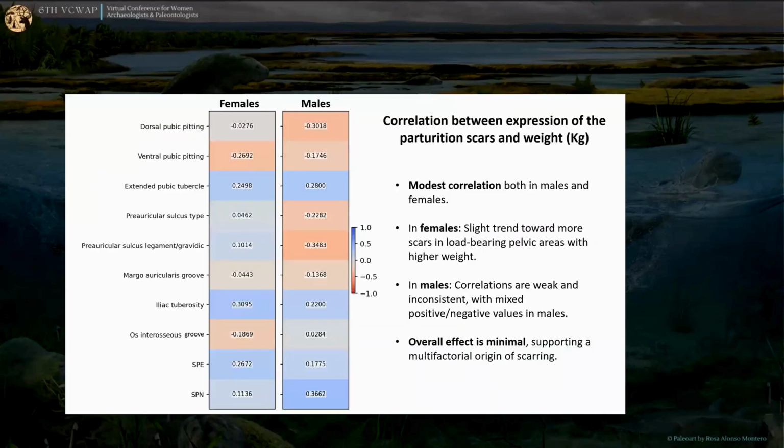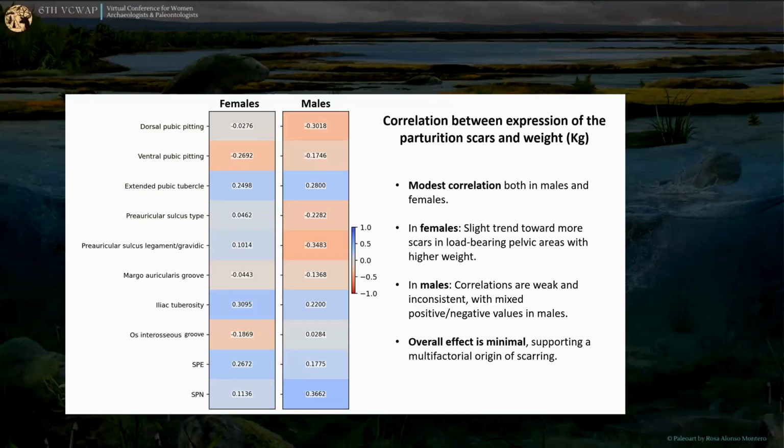What was most interesting was trying to understand how weight and age influenced the expression, not only the presence or absence of these markers, but the expression, so less severe and more severe. Statistics show that weight is a weak predictor across the board.